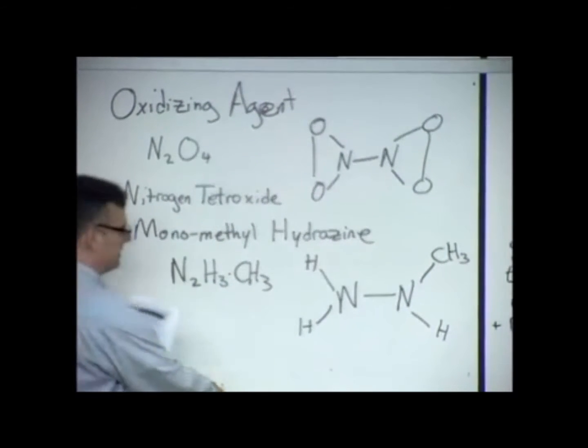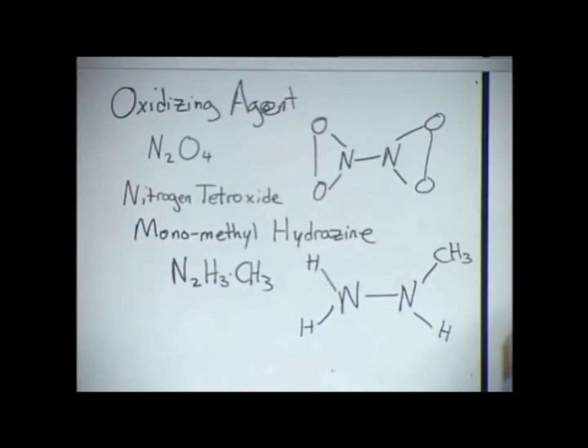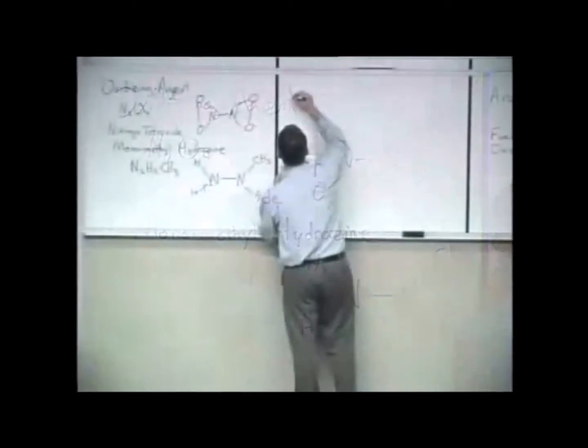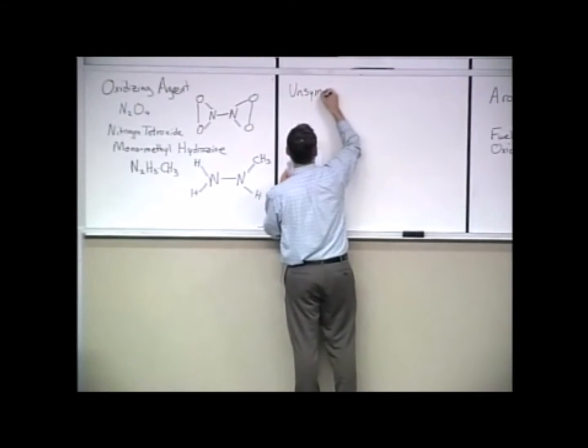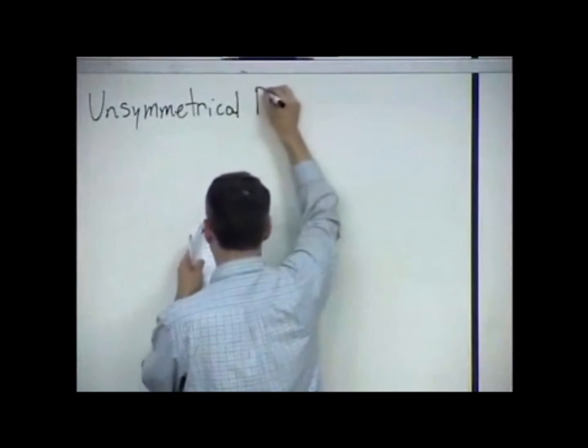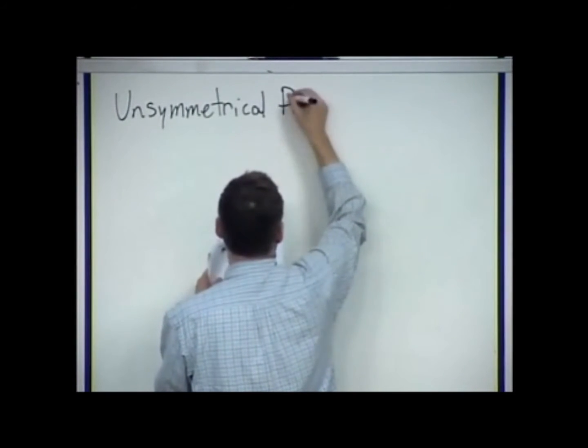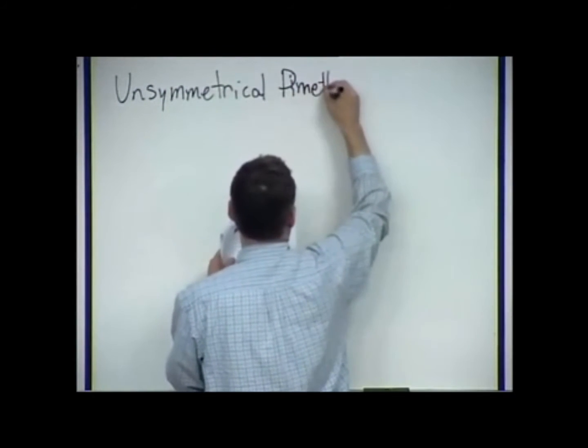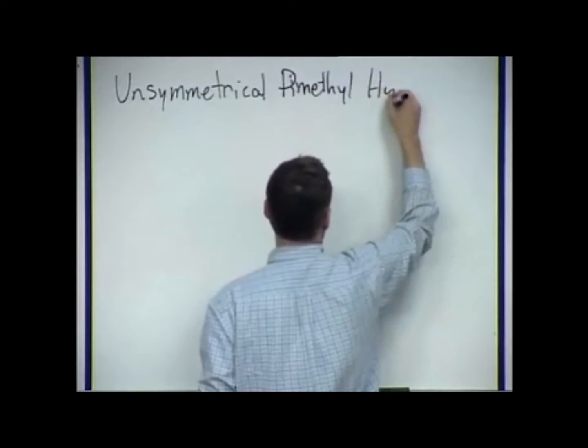And a slight variant of this, which is also used in rocket fuel, is unsymmetrical dimethyl hydrazine.